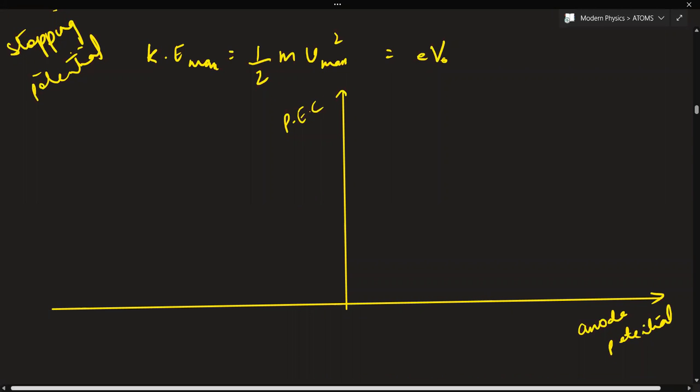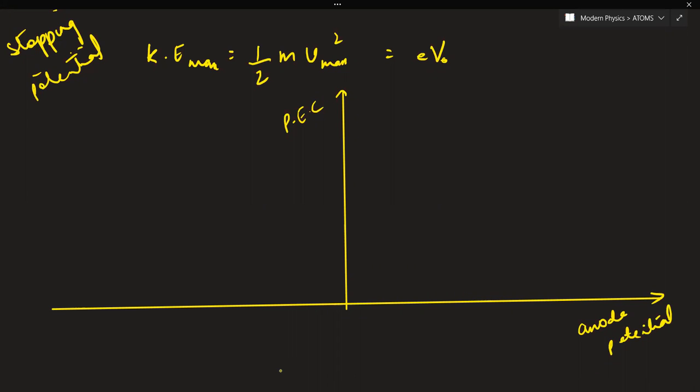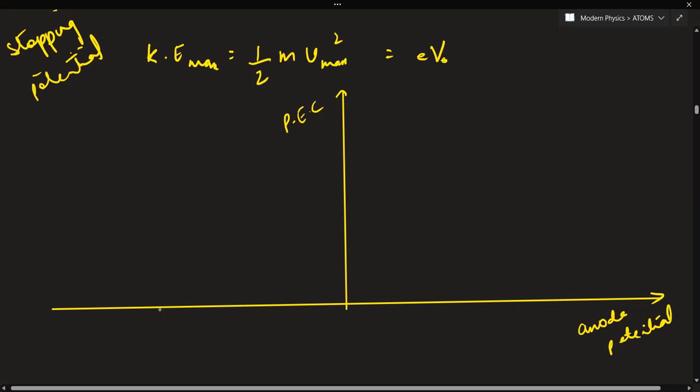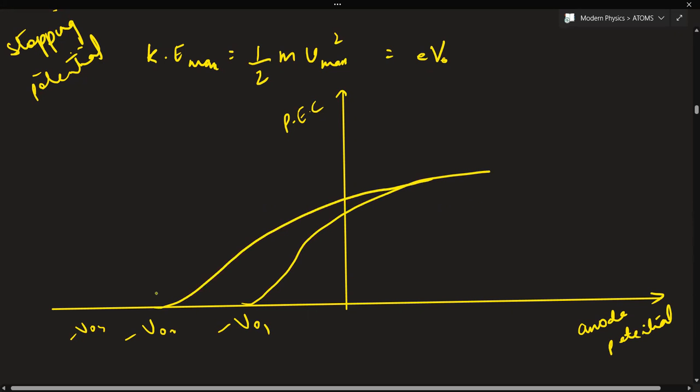If different retarding potentials are provided, once the experiment is repeated, different values of retarding potentials are obtained, like minus V naught 1, minus V naught 2, minus V naught 3, and so on. All these combine together and ultimately give a single photoelectric current in this manner, and this becomes constant.